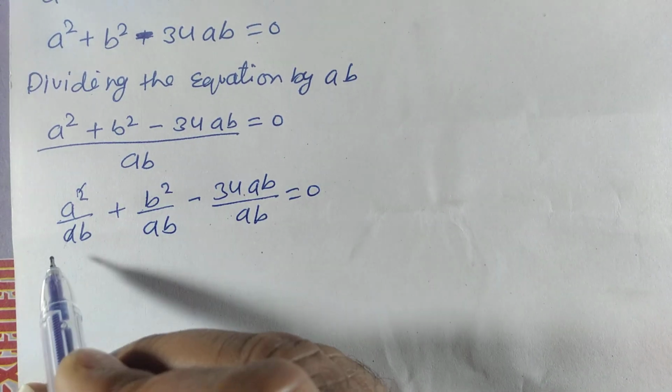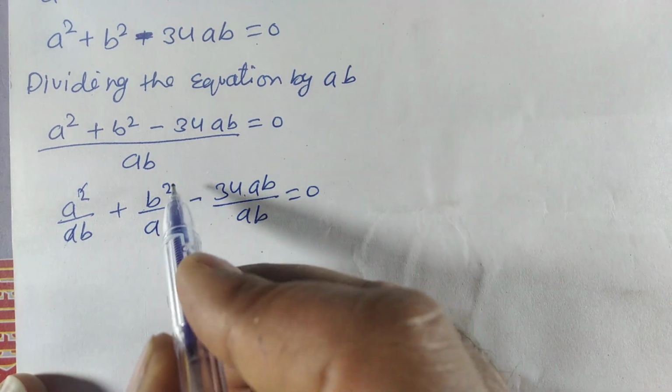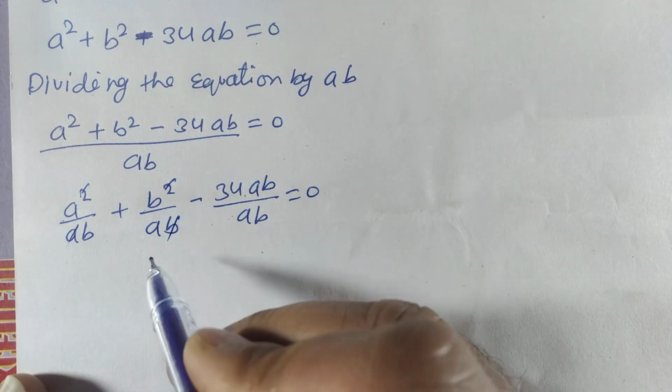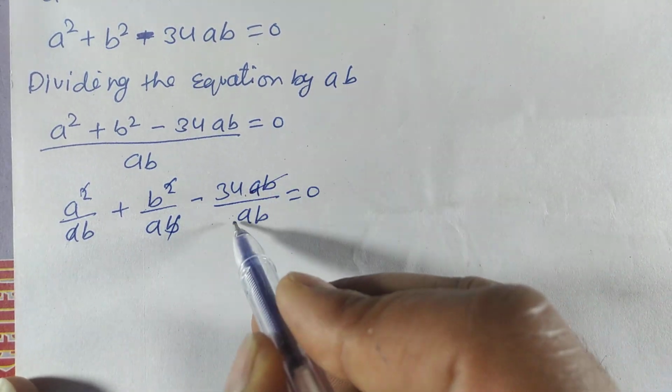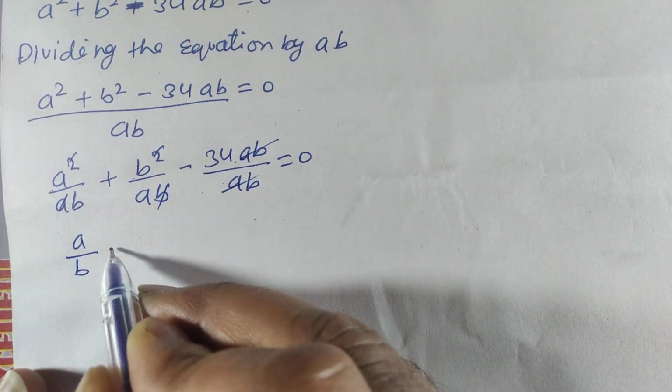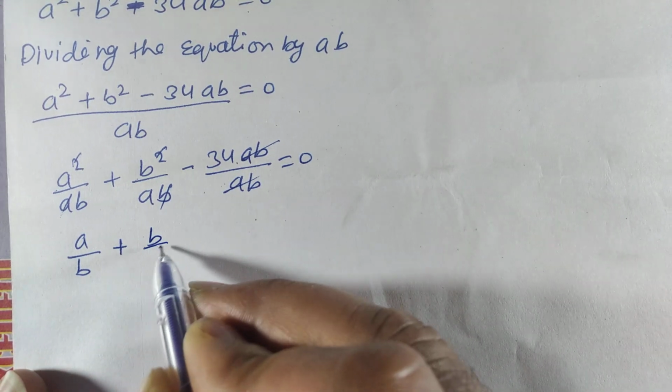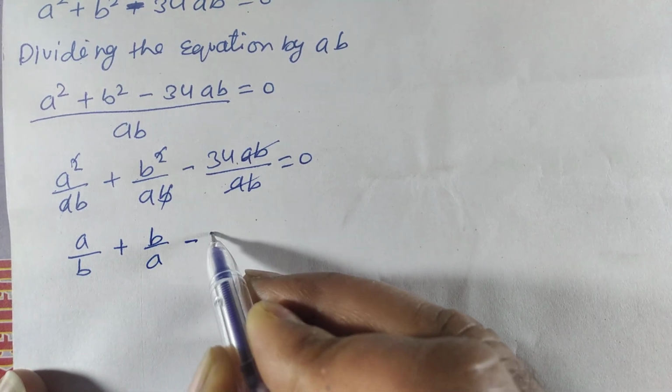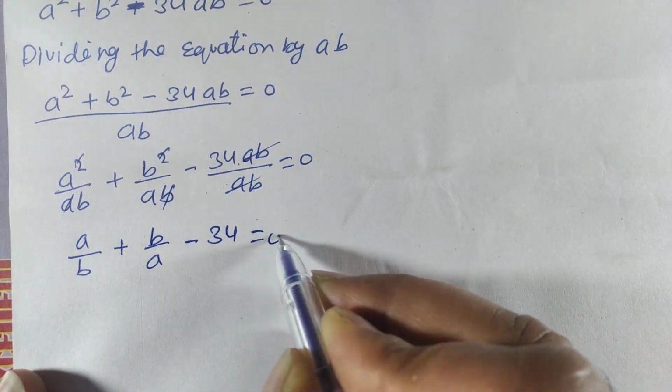In a square over ab, this a cancels out; here b square and b cancel out; this ab and this ab cancel out. Remaining a over b plus b over a minus 34 is equal to 0.